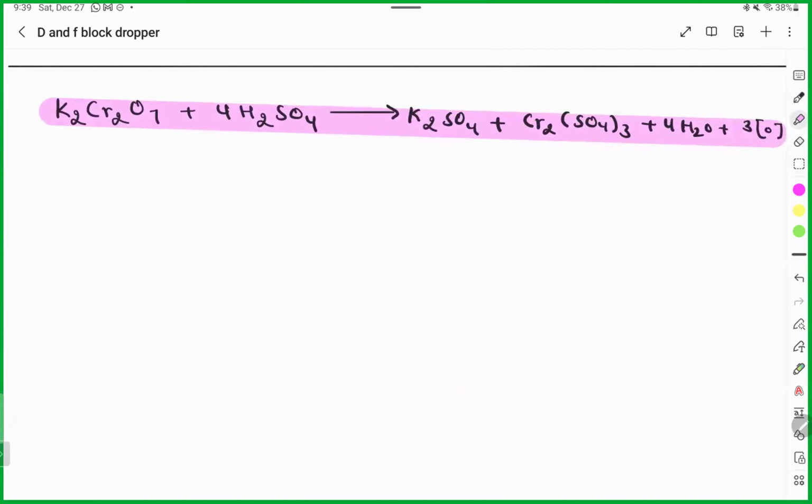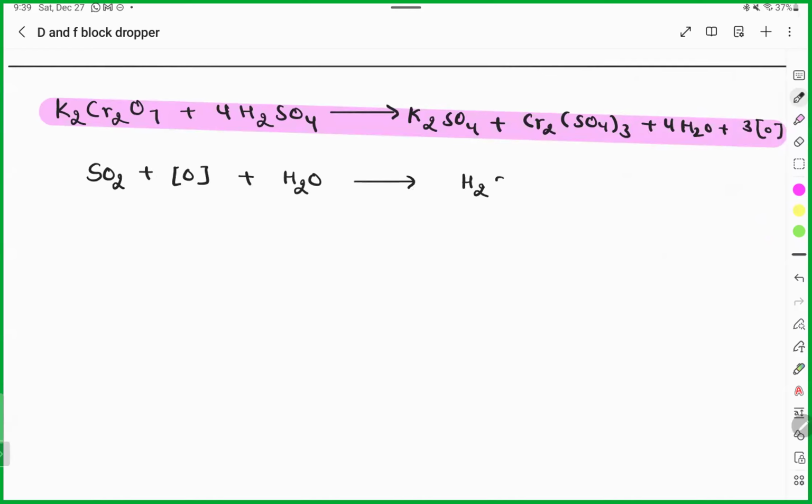Okay. Now what happens if, for example, SO2 reacts with the oxygen? What should be the product? SO2 reacts with the oxygen. And for example if it reacts with the water also, H2O, what will be the product?